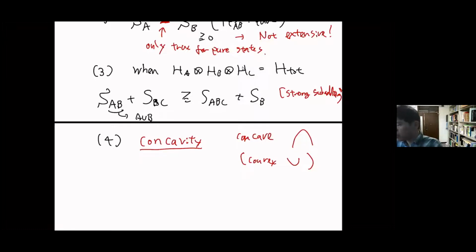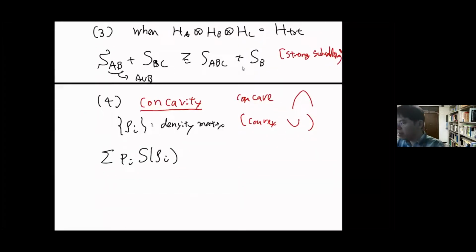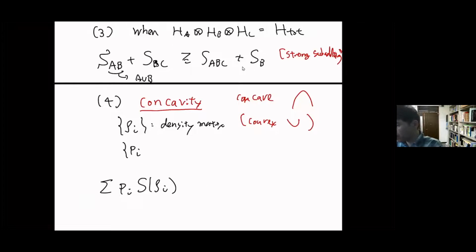So this is written as the following equation: sum of p_i S(rho_i). Rho is just the density matrix, there is a series of density matrices, and p_i is a probability distribution.